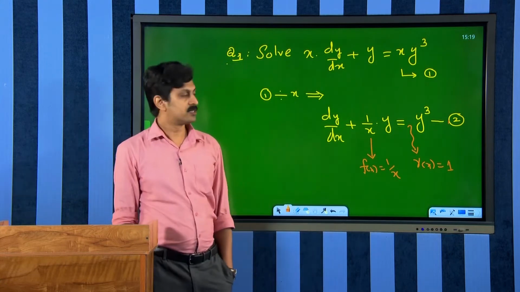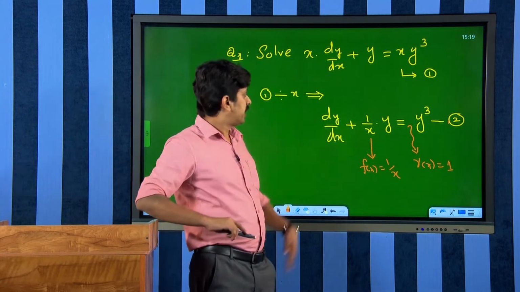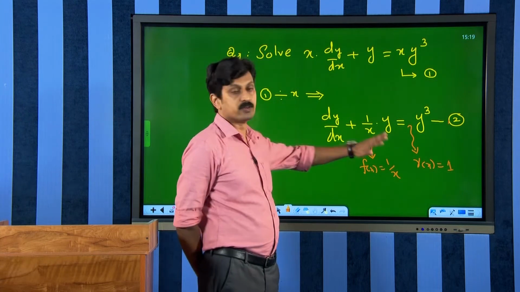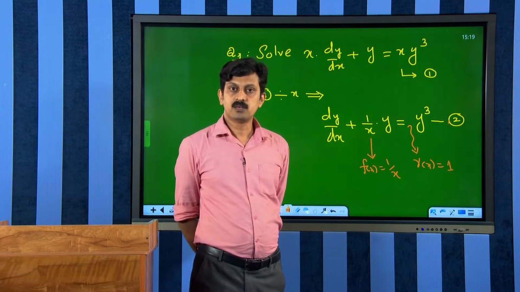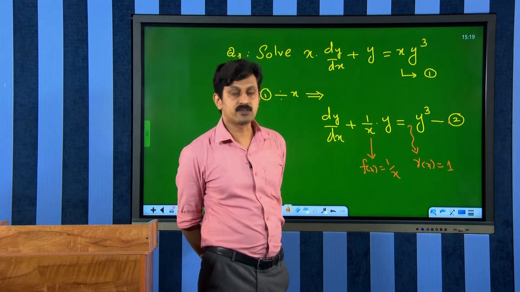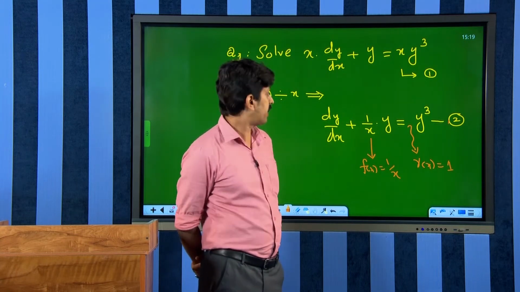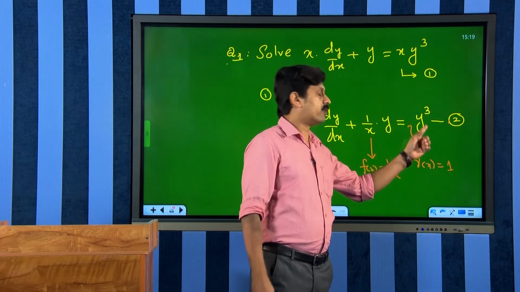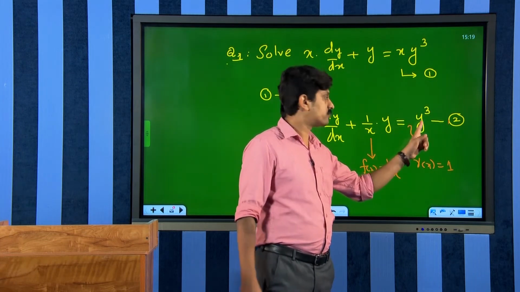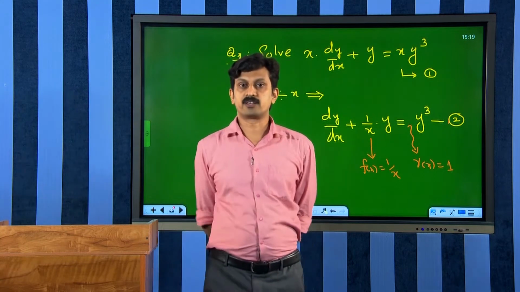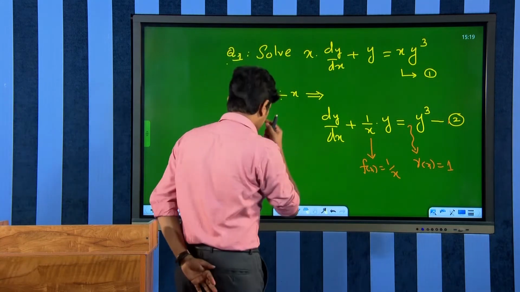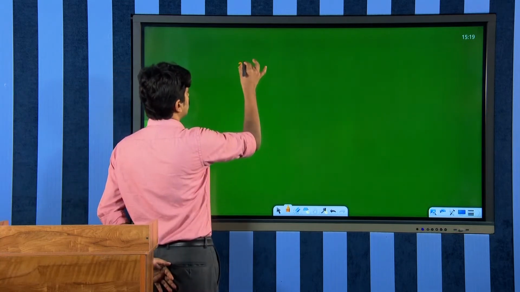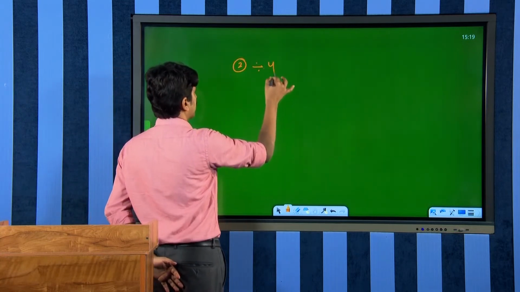As it is a Bernoulli's equation, we have to divide throughout by the power of y which belongs with the non-homogeneous part. So, we will divide with y cube.